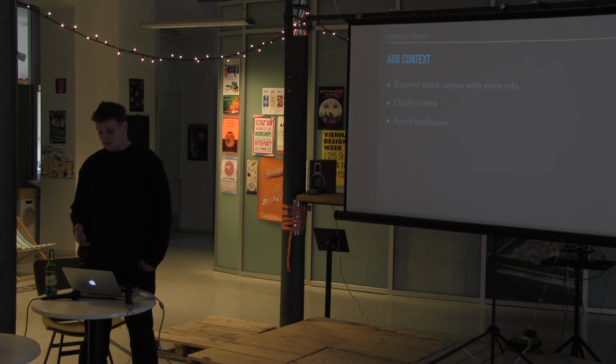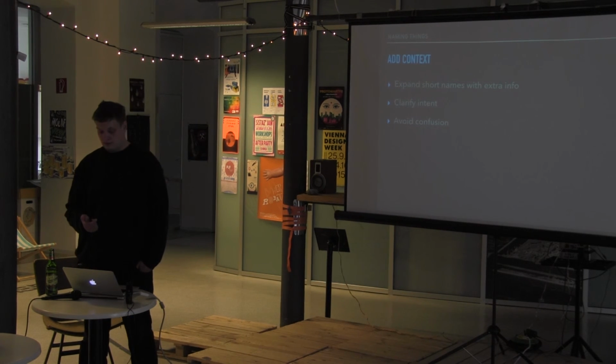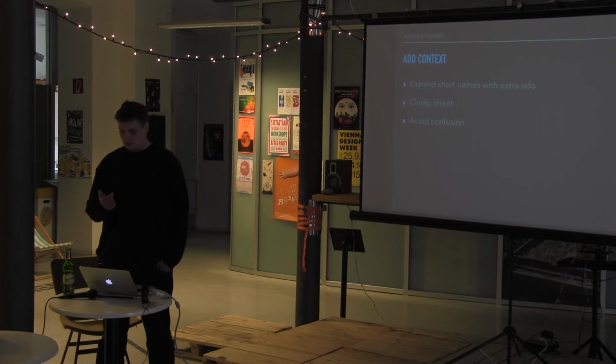So in cases where you have short names, but you have to add some extra info to it, add some context. So you should always try to clarify the intent of the code you're writing to avoid confusion.